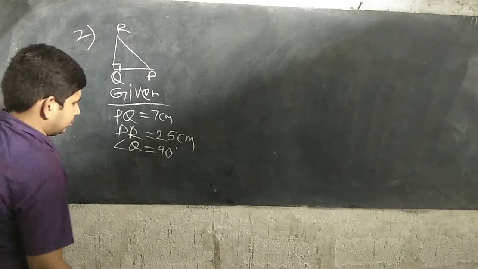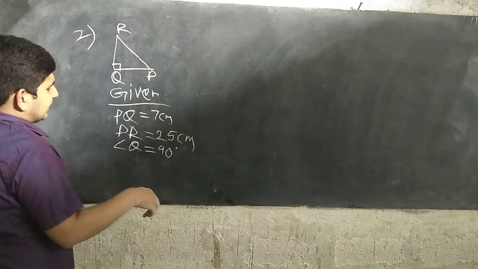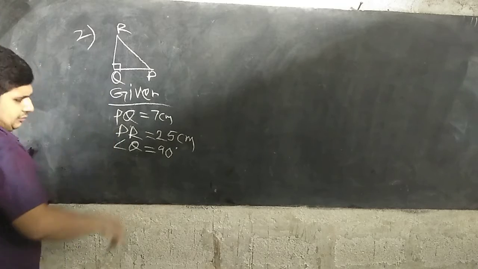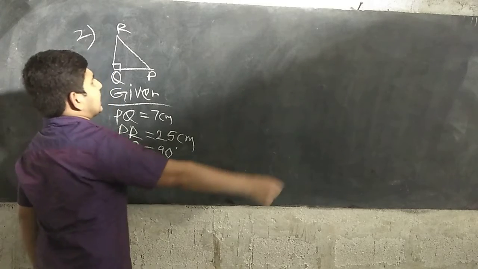Now we have to find the value of QR by using Pythagoras theorem.